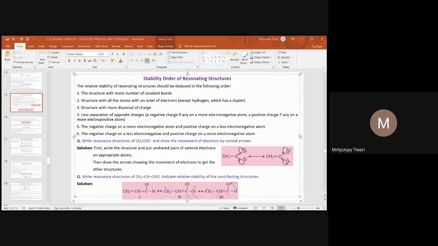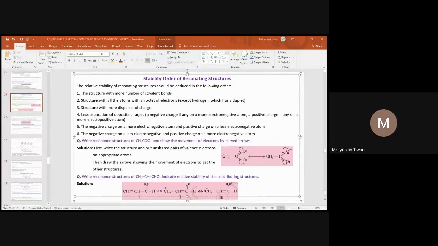This is what we say with the double-headed arrow, and we see the number of lone pairs of electrons is also the same. We do not see any difference. So these two structures are equivalent resonating structures, and their contributions towards the resonance hybrid will also be the same.